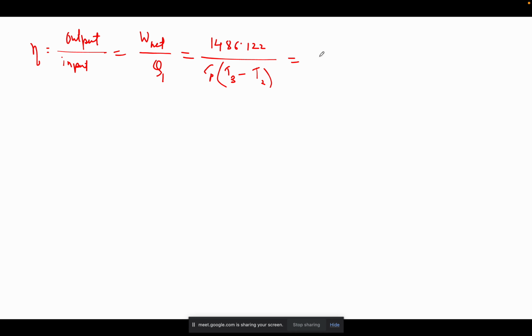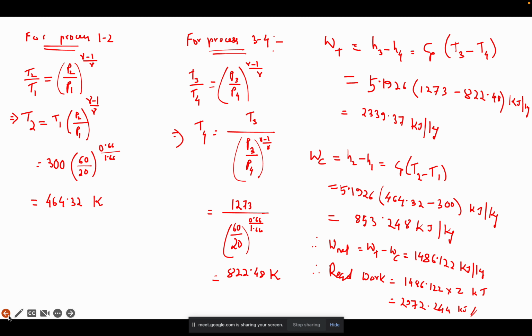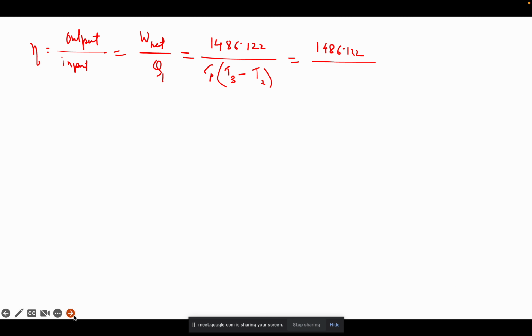So this will be 1486.122 divided by Cp, which was 5.1926, times T3, which was 1273, minus T2, which was 464.32.